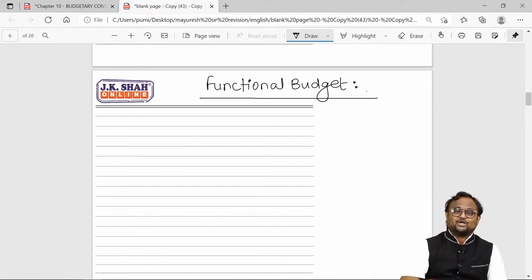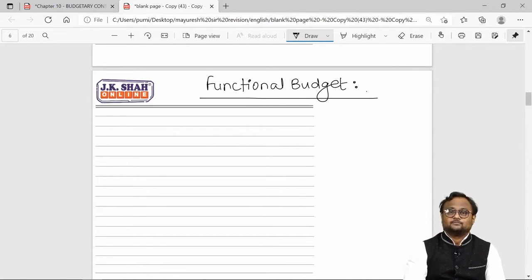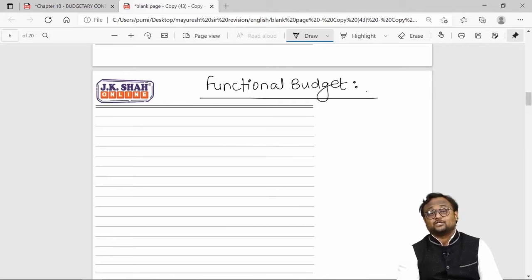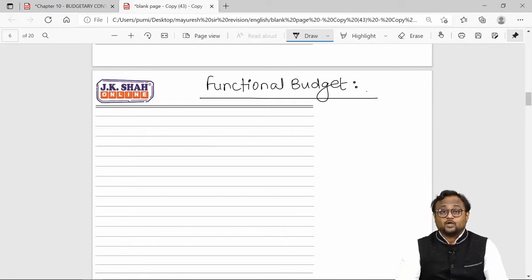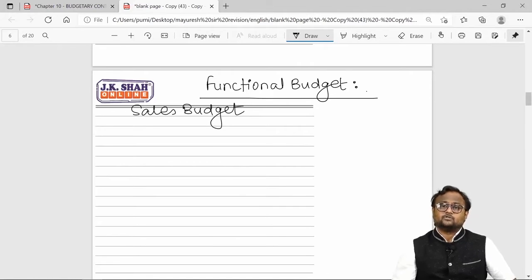So once you have the quantity to be manufactured, you can easily go for the consumption budget, you can also go for the purchase budget. But how to get the quantity manufactured? For that, you should have the sales quantity with you. So somehow you find out that information from the question. Find out the sales budget. How much are you planning to sell?